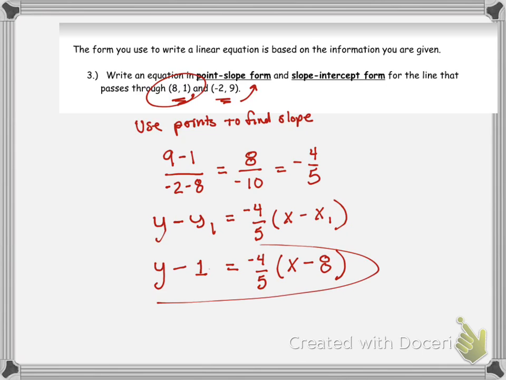Once you have point slope form, then we can use that to find slope intercept form.